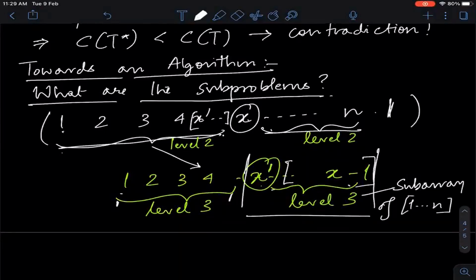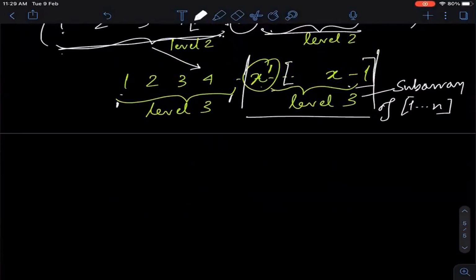It's a contiguous subarray. Of course, you don't have to skip elements, but it's a contiguous subarray. Is this clear to everyone? So now my subproblem definitions should consider all possible contiguous subarrays of the given array, which is 1 to n.